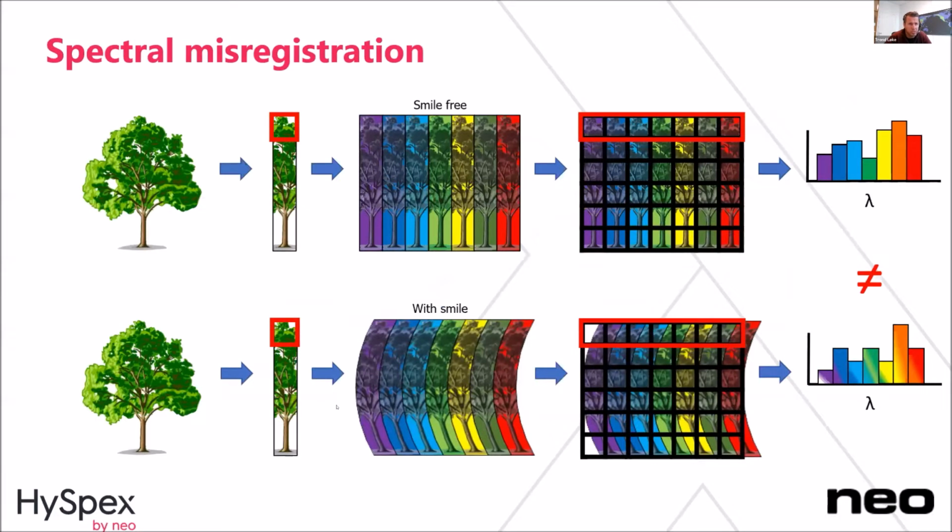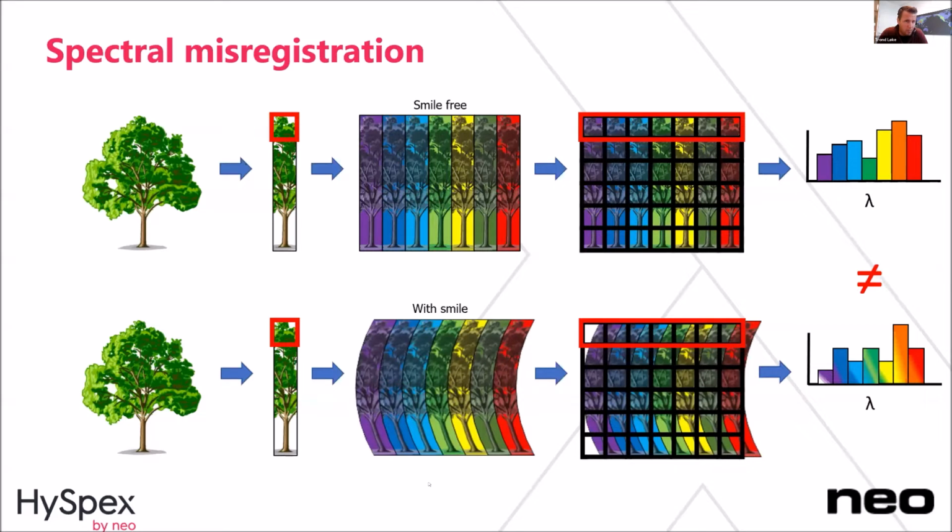Spectral misregistration is similar. It's when you have different spatial sampling for different bands on the detector. One way of seeing it: let's say you're looking at a laser, one narrow band light source, and that should hit a perfect row on your detector.